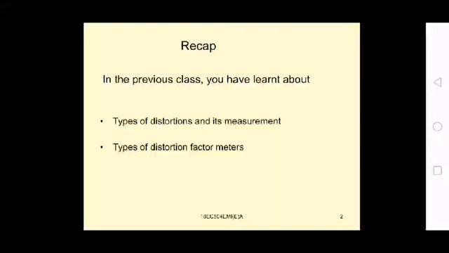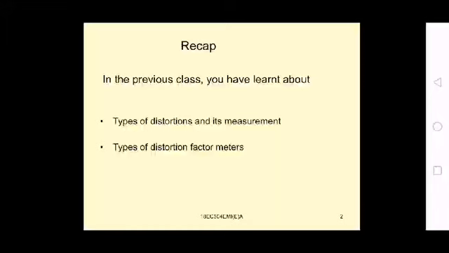So dn equals bn by b1, and the total harmonic distortion equals 100 into square root of d2 square plus d3 square up to dn square by d1 square.